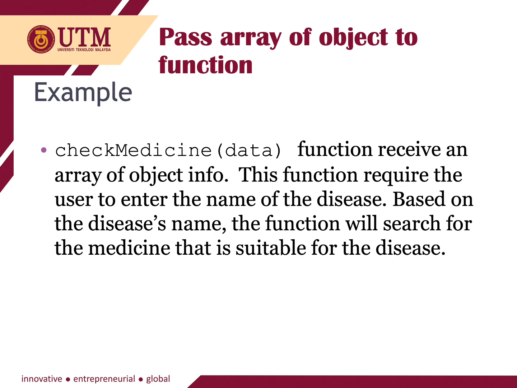The check medicine function will receive an array of object info. This function requires the user to enter the name of the disease. Based on the disease name, the function will search for the medicine that is suitable for the disease.